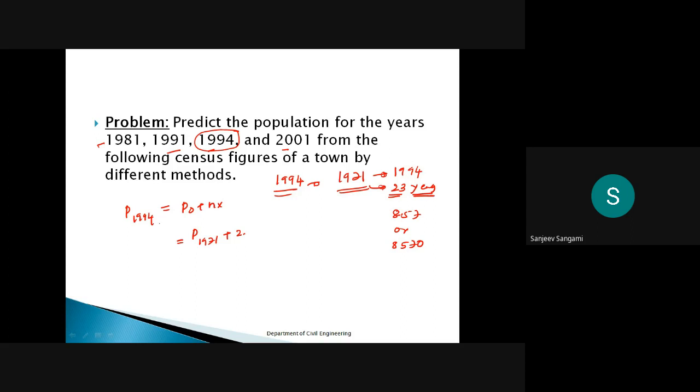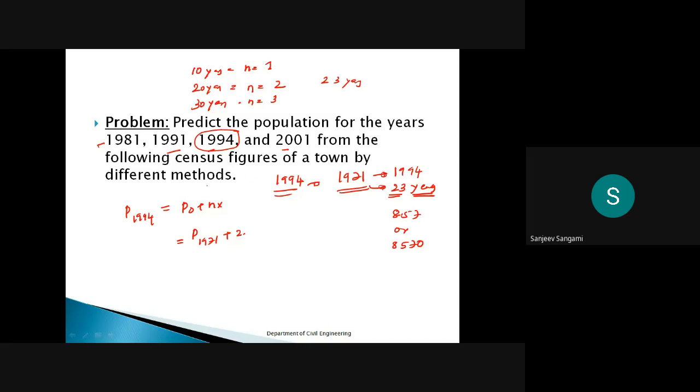It's very important. If it is completely 10 years, you can directly substitute n is equal to 1. If it is 20 years, n is equal to 2 from the last known decade population. If it is 30 years, directly n is equal to 3. But it is now 23 years from the last known population.